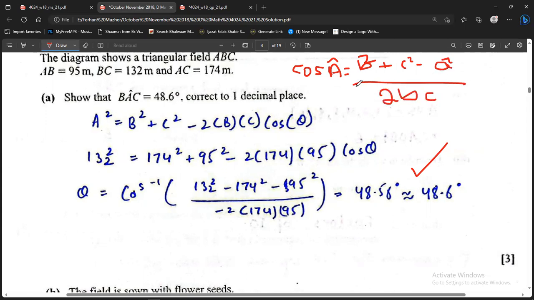This is the direct formula. Instead of using this shape of the formula, you can use this shape. Directly, you can find the answer. It will be 174 squared plus 95 squared minus 132 squared, and you can find out the answer, okay?